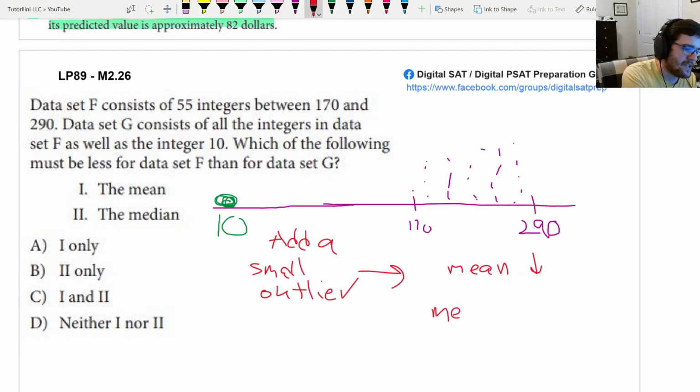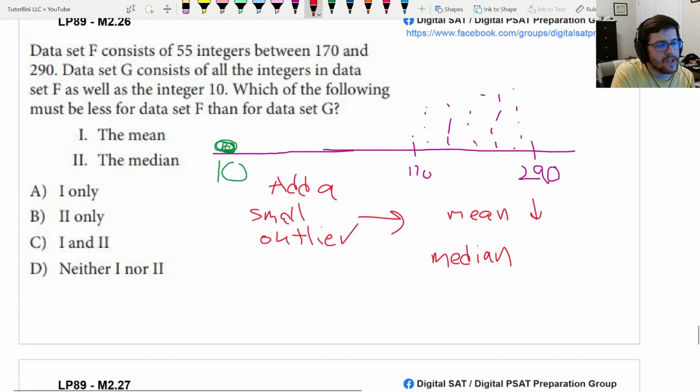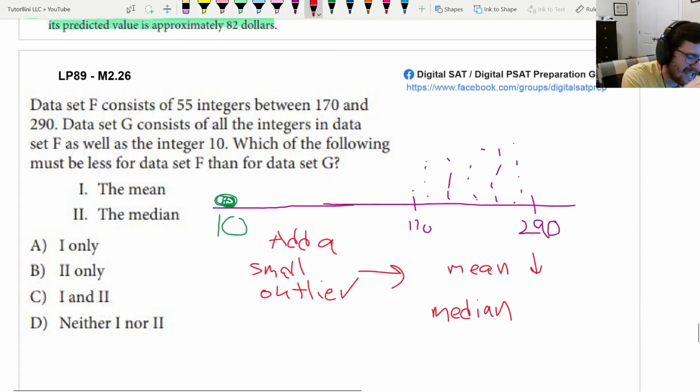Now the median, it's going to do the same. It's going to either barely change in the same direction as the mean. It's going to just barely go down, or it's going to stay the same.